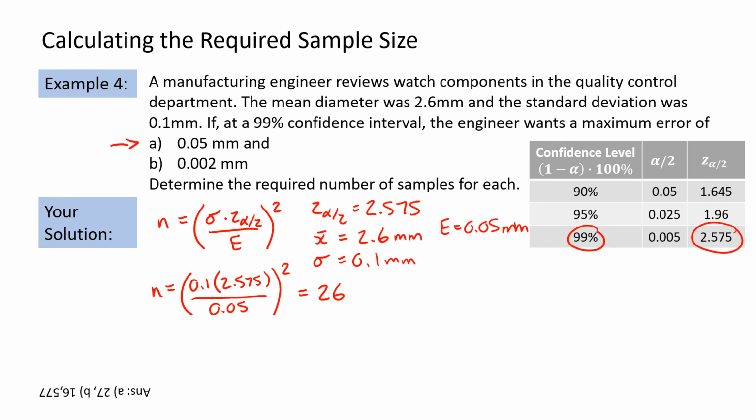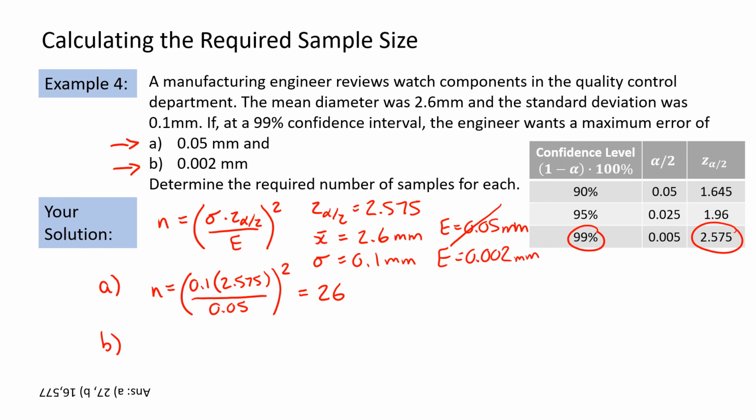But what if we want to get to a really tight tolerance level, 0.002 millimeters, or 2/1000th of a millimeter? Remember, these are watchmaking components. You actually want them to be quite exact. So for B, what changes is our error becomes 0.002 millimeters. But everything else stays the same.